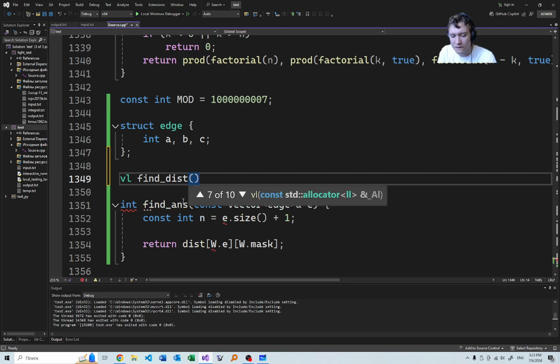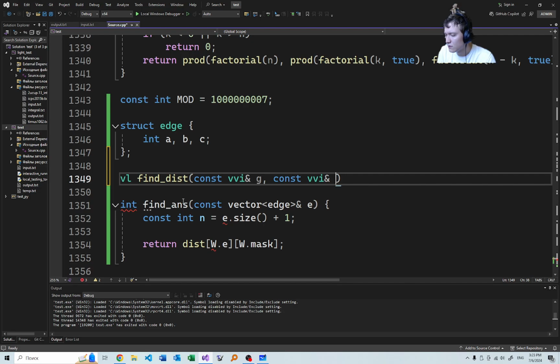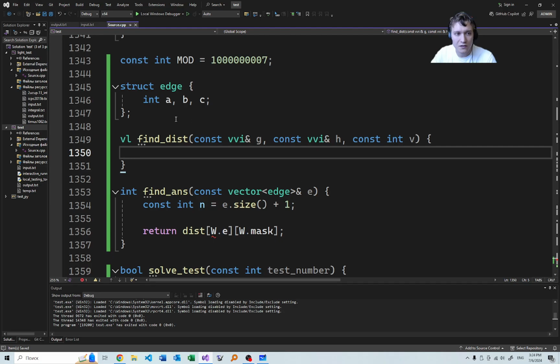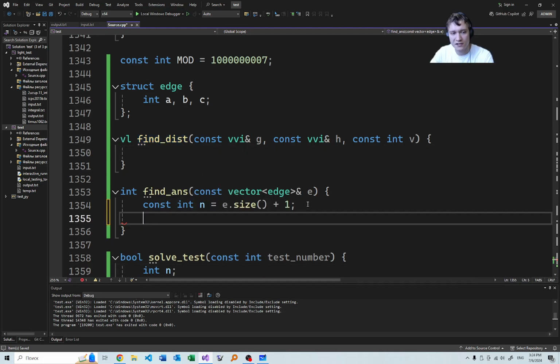So we need a graph, the matrix of all edges, the lengths of the edges. And basically we need the starting vertex. So if we have this function, then everything is easier.